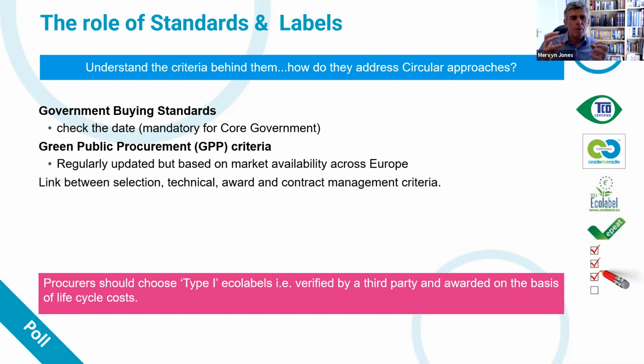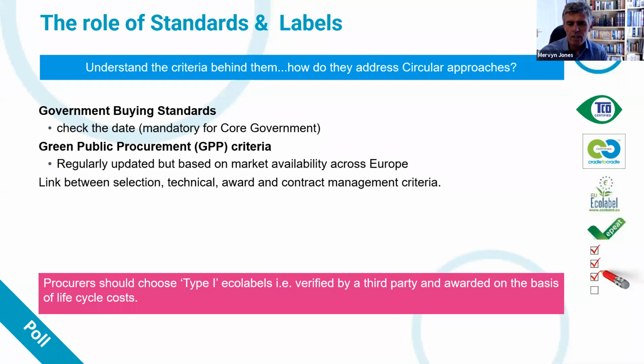But the benefit of them, of course, is that they have very definable and clear standards, and very often the supply chain is aware of those standards and working towards or delivering them as a result. So if you know that the majority of the marketplace is doing it, setting those as gateway standards is something to consider.